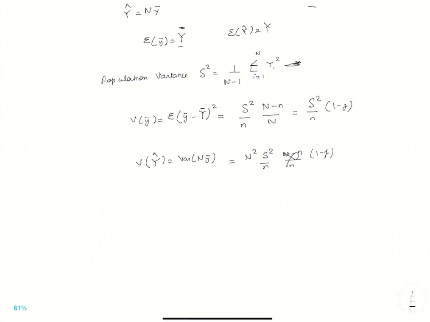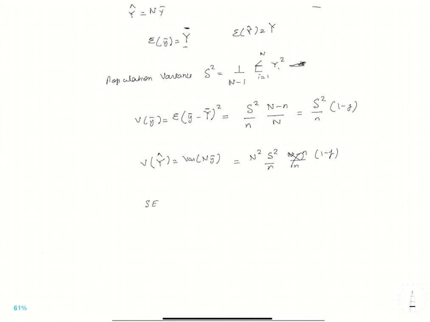Then there are certain other things you need to know, which is the standard error of y bar. It is just going to be the square root of this thing, right? So you just take this thing and you square root it, so it's going to become S upon root n times root of (1 minus f).